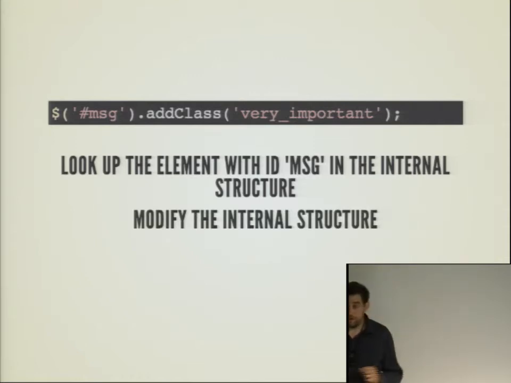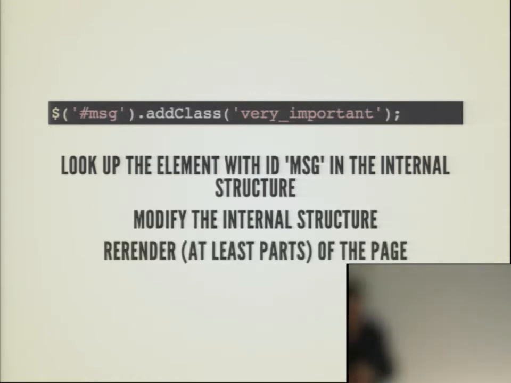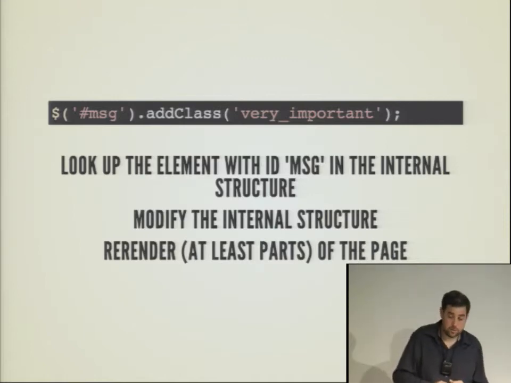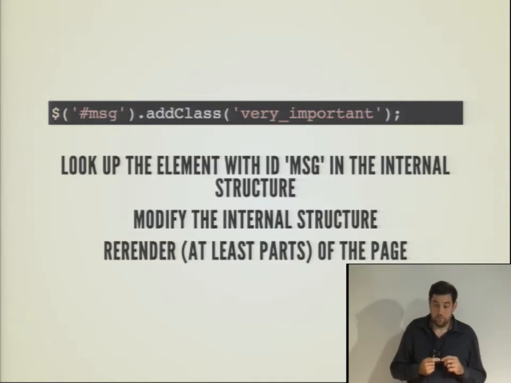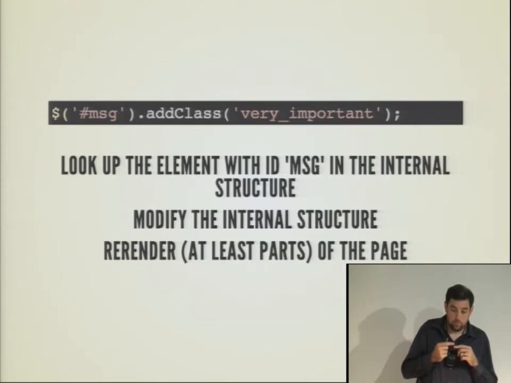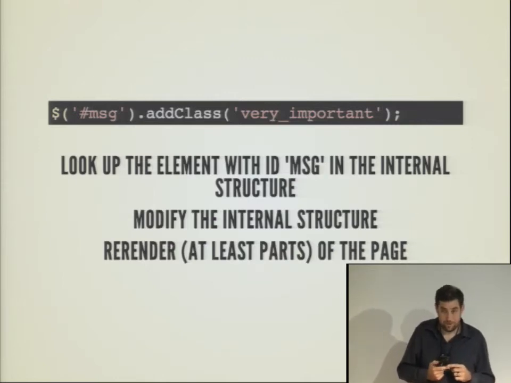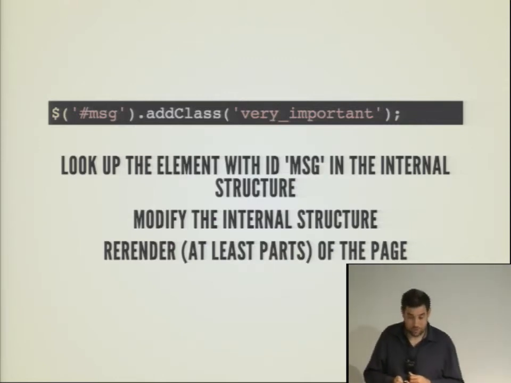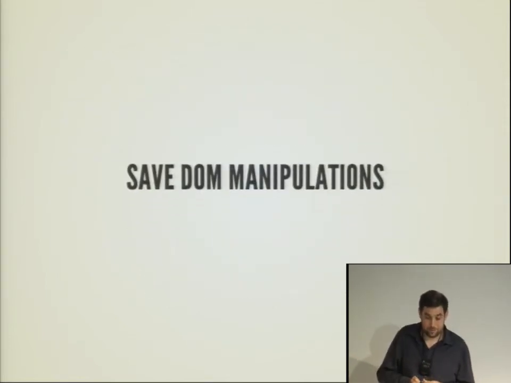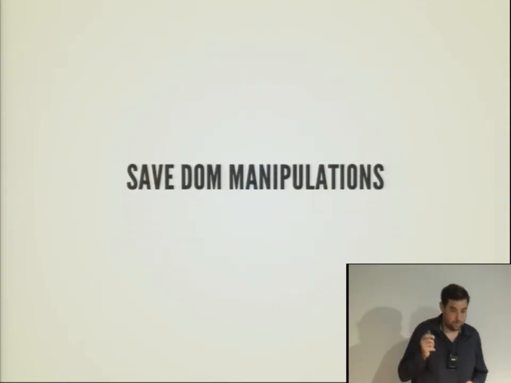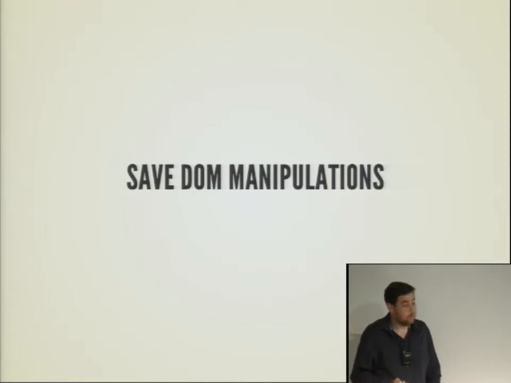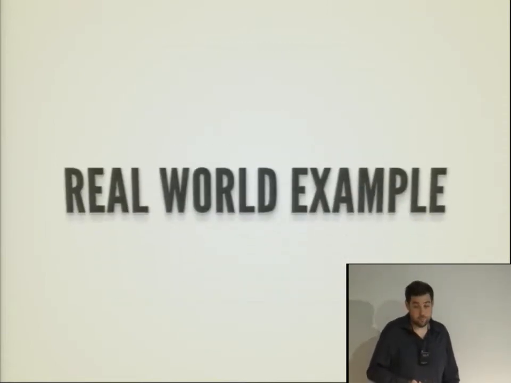It has to modify the internal structure and re-render at least part of the page. Now, you could think that if you do this very often, it gets very slow. And indeed, it is like this. I will show you an example. So the aim is to save DOM manipulation.